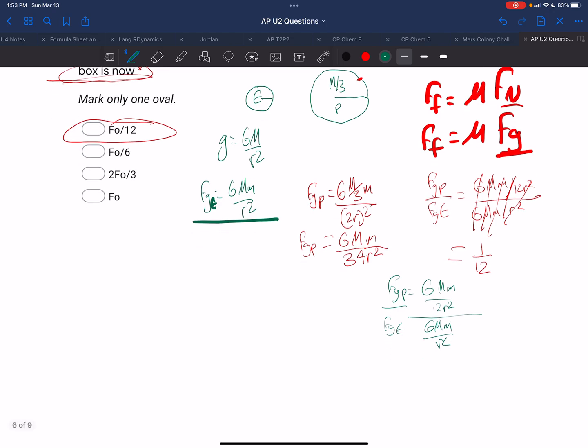So we could have done the multiply by the reciprocal, times r squared all over big G big M little m. And so this m cancels with that m, this m with that m, r squared over r squared, and that leaves us 1/12. So 1/12 of the original force, F_0 over 12.